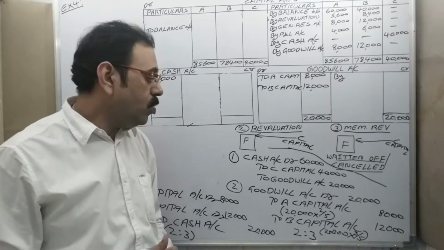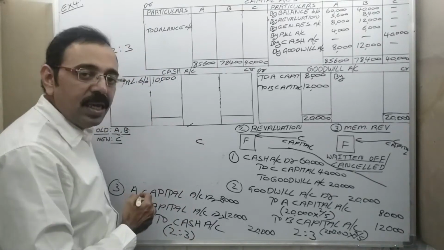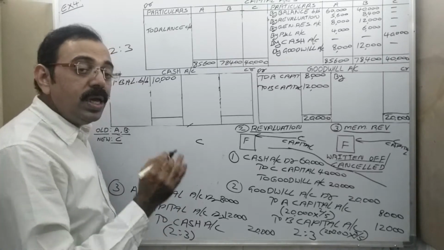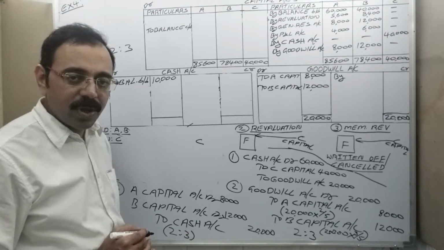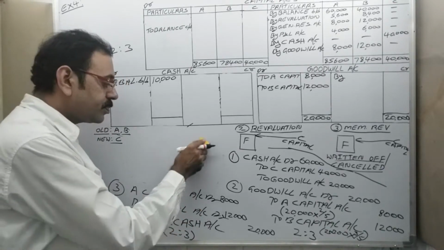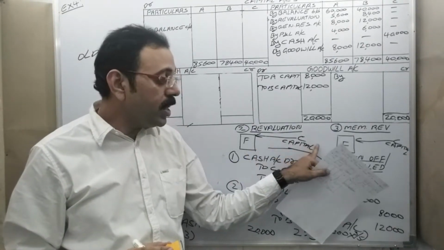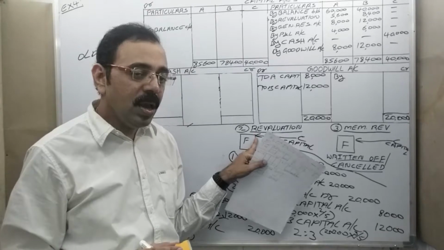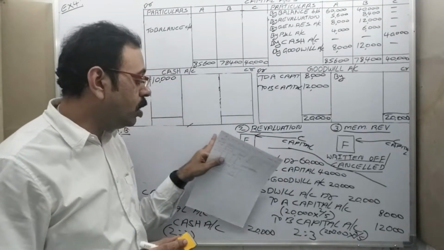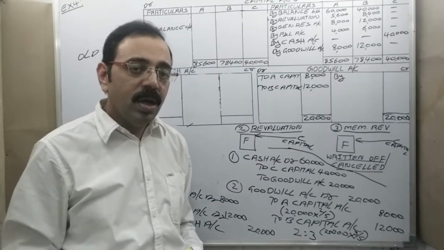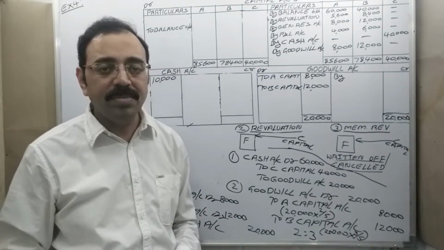Okay? Now, in premium method, new partner C brings only his share of goodwill, not total goodwill. And when we apply revaluation method, when a new partner is coming, he should bring capital and his share of goodwill. He has to pay compensation to old partners in the form of goodwill. But he said that I cannot pay the goodwill money.